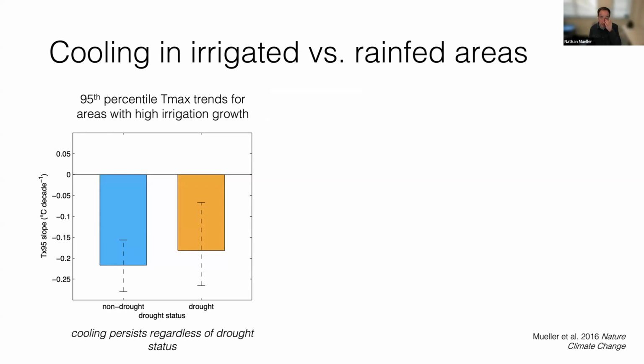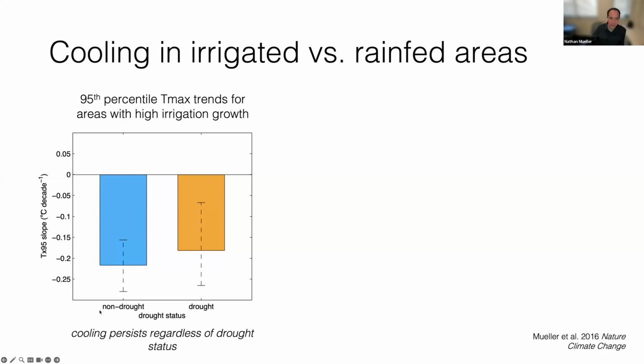But another interesting point that we saw in this study is that there were some important nuances when looking at irrigated areas versus rain-fed areas. First, I'm showing on the left here the trends in the extreme temperatures for areas with high irrigation growth.